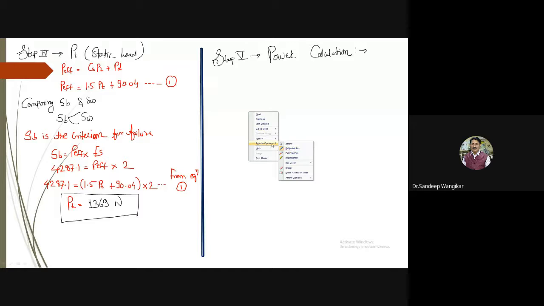So now two simple steps are remaining, calculation of EMT and calculation of kilowatt. So I can say here EMT is equal to PT into dP by 2. 1369 into dP by 2, 80 by 2.